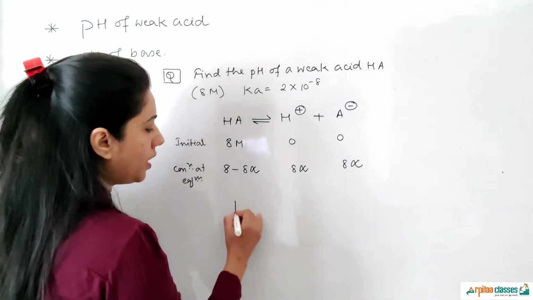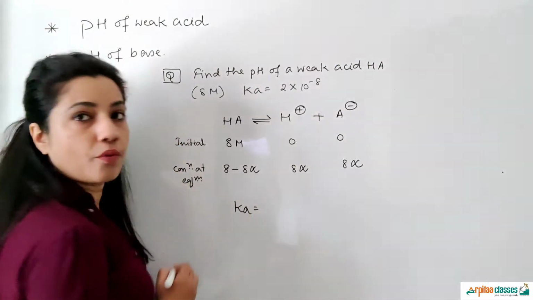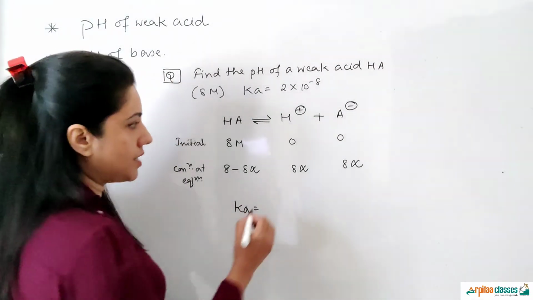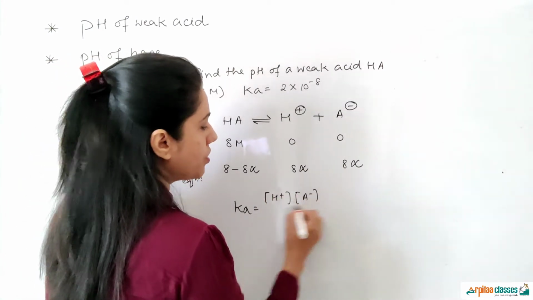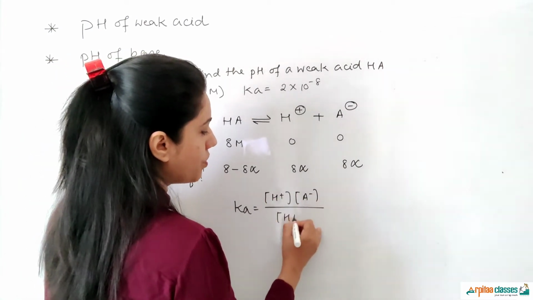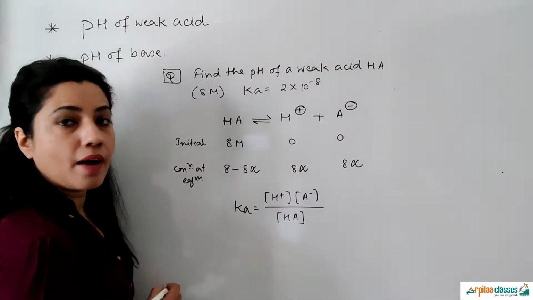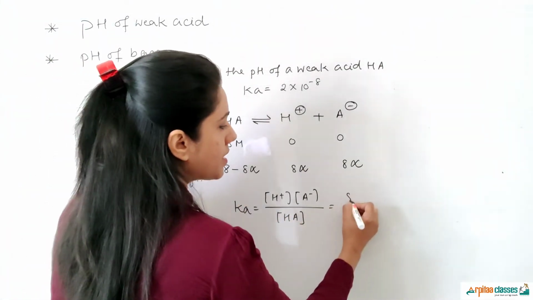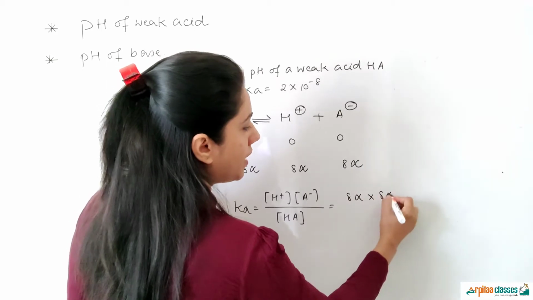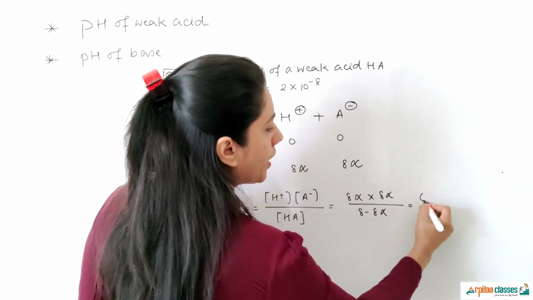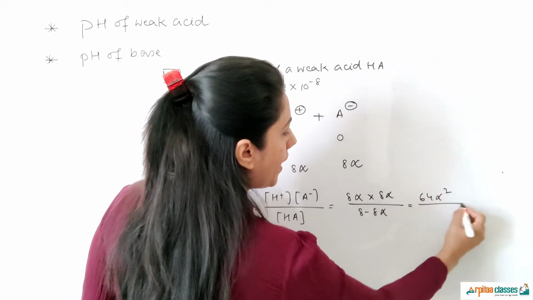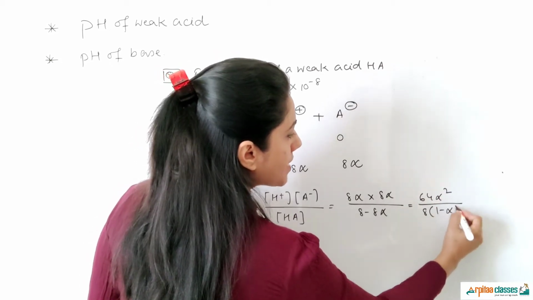Now we will write down the ionization constant of an acid. The expression for ionization constant of an acid is concentration of H plus, concentration of A minus divided by concentration of HA. We have the concentrations, put them here. This is 8 alpha into 8 alpha divided by 8 minus 8 alpha. So here you are getting 64 alpha square. 8 is common, 1 minus alpha.